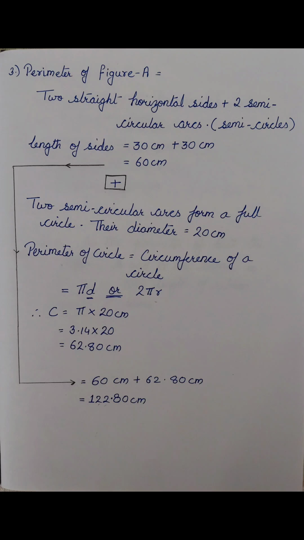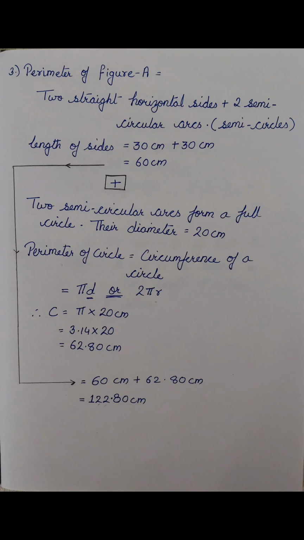So I am going to take out the length of two sides, which is 30 centimeter and 30 centimeter. That will give me 60 centimeter. Now I'm supposed to calculate the two semicircular arcs, which form a full circle. So their diameter will be 20 centimeter. Now I'm going to take out the perimeter of the circle, which is the circumference of a circle.